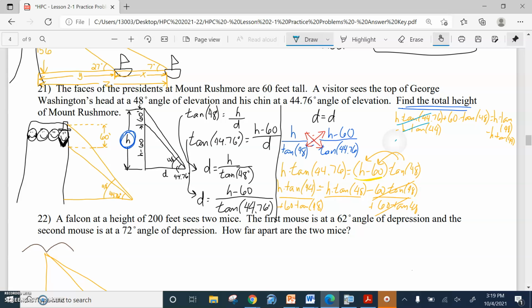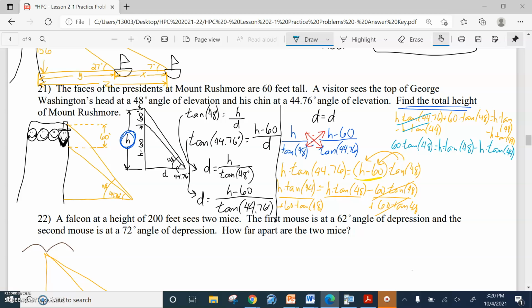So 60 tangent 48 is equal to h tan of 48 minus h tan of 44.76. Now we finally have h's on one side of the equation.